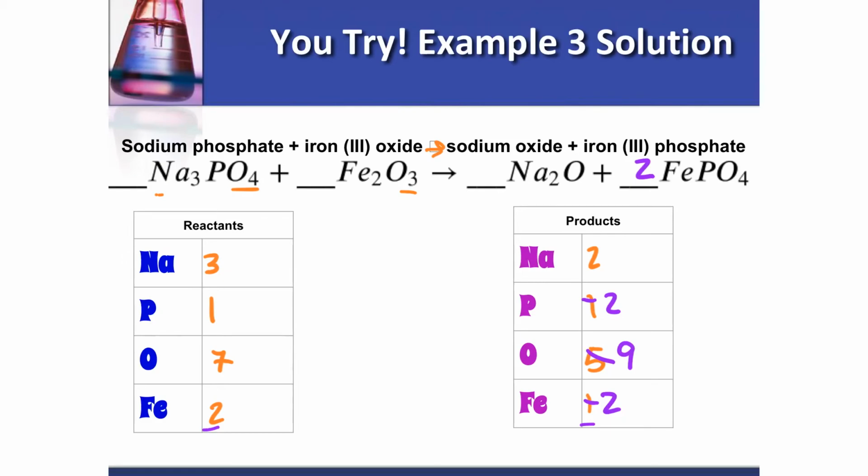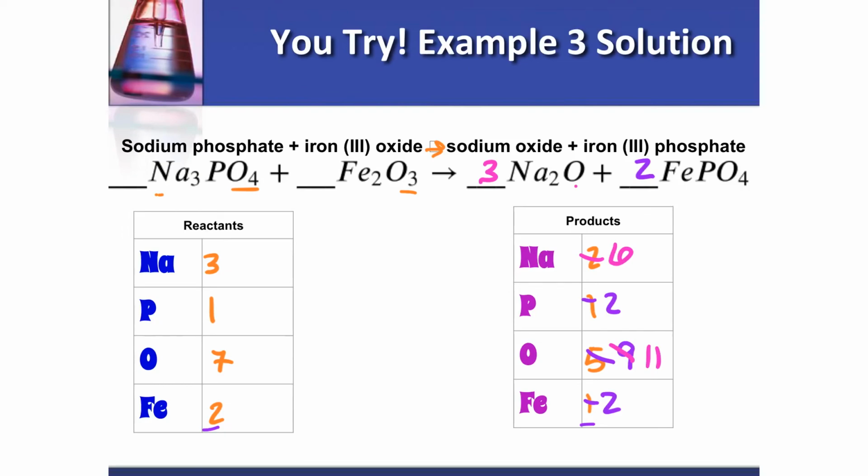The sodium one is a little tricky because I have 3 on one side and 2 on another, which means I have to do something to both sides in order to make those balanced. And that something is by putting a 3 here. So now my number of sodiums has changed, and I've got 6 sodiums. And my number of oxygens, 3 times 1 is 3, plus 8 is 11.